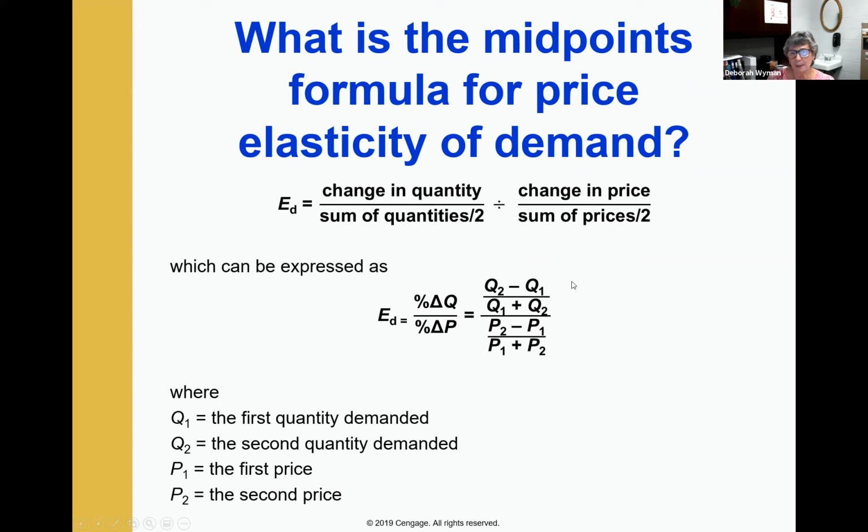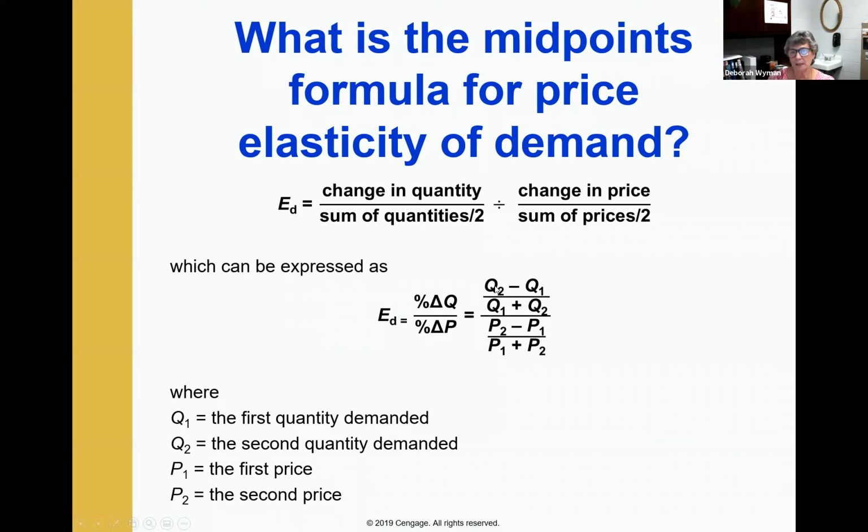So they can be expressed this way. If you see this little triangle, this is the delta sign, meaning change. You should be seeing that a lot in your work. So this would say elasticity of demand equals percent change in quantity demanded over percent change in price.